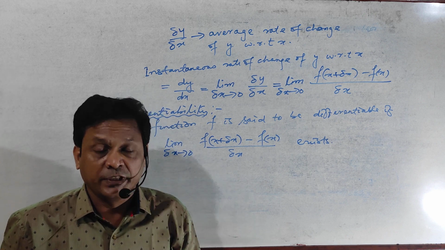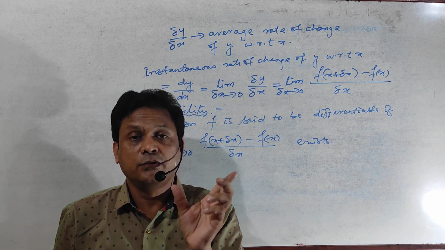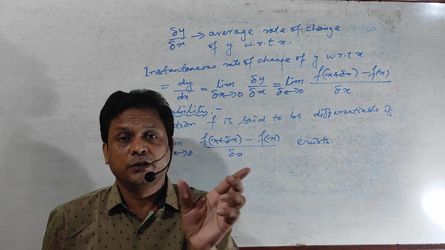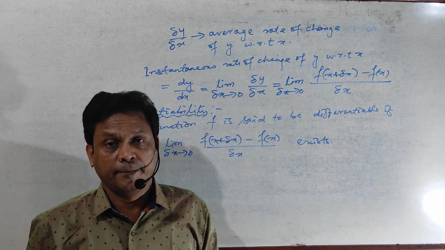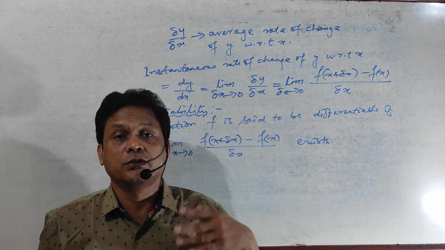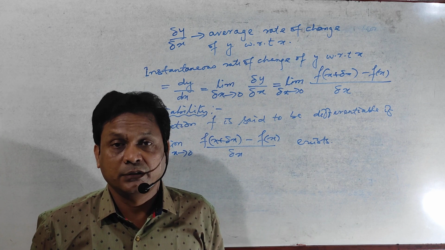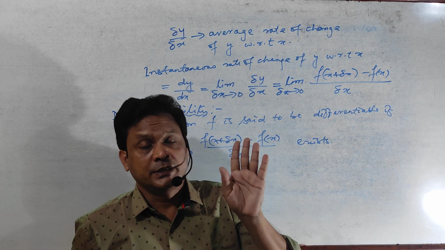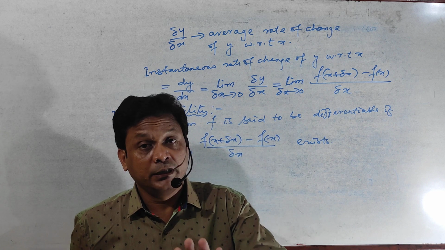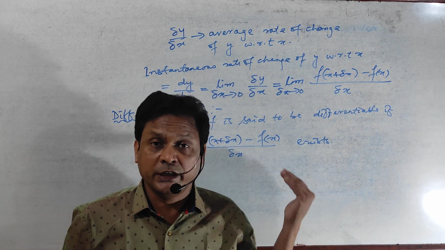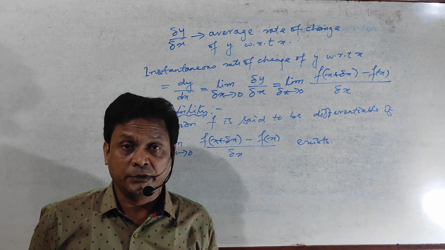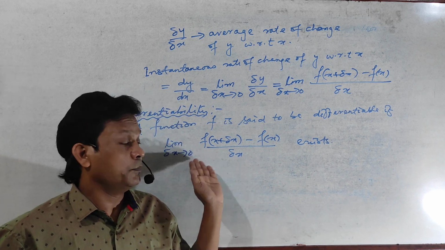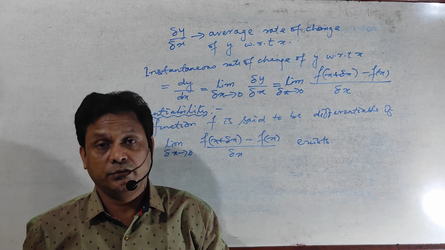That means if the left hand derivative is equal to the right hand derivative, then the function is said to be differentiable or derivable. Otherwise, the derivative does not exist. Clear? Similarly here, if the left hand derivative is equal to the right hand derivative, then the derivative of the function f of x will exist.